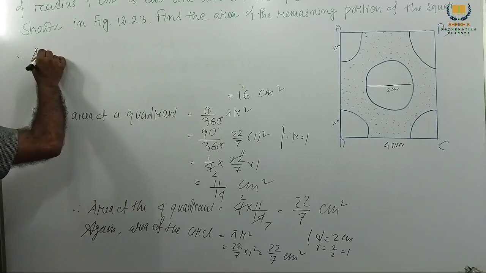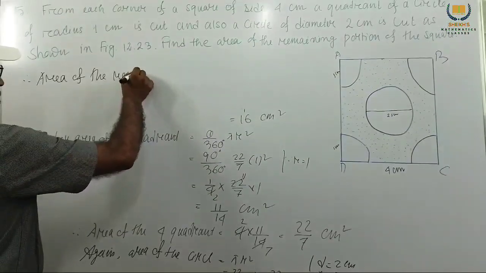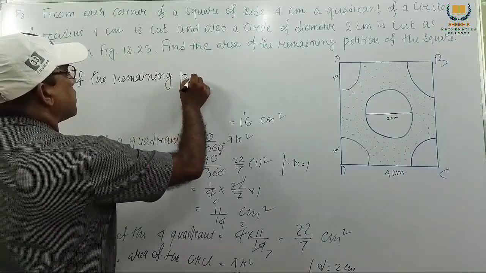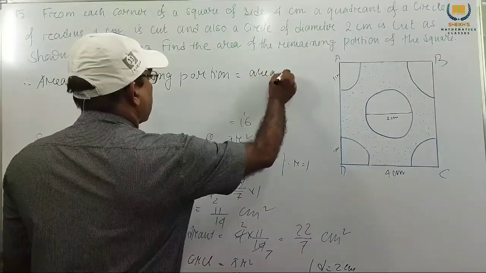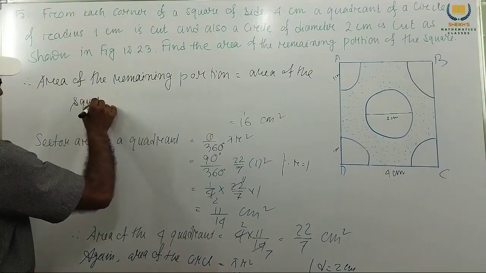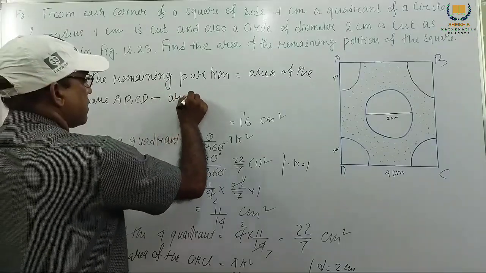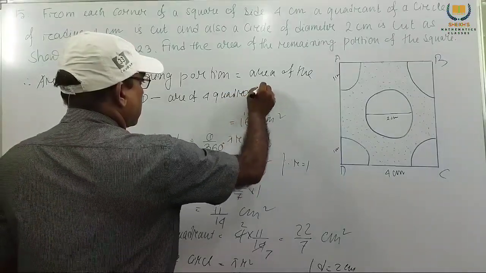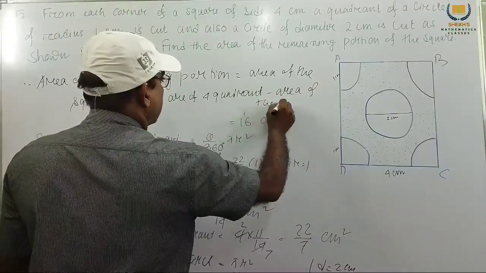Therefore, area of the remaining portion equal to area of the square ABCD minus area of 4 quadrants minus area of the circle.